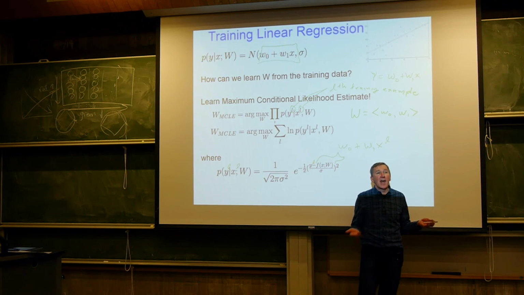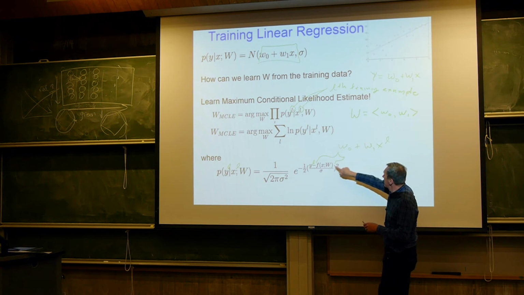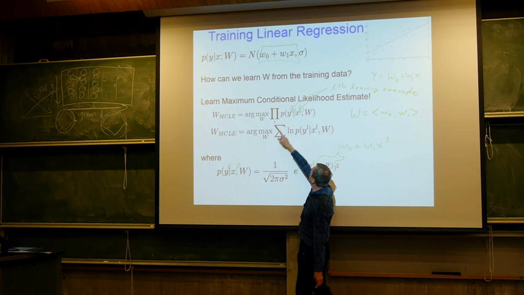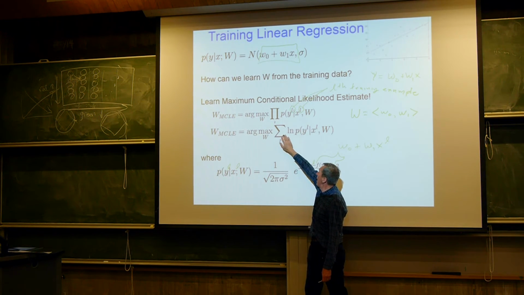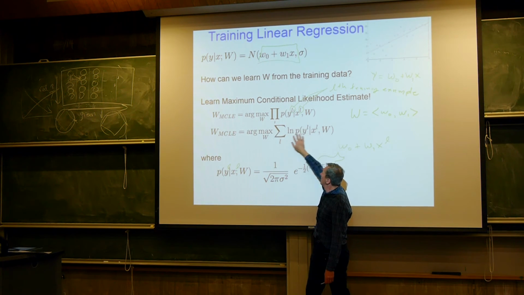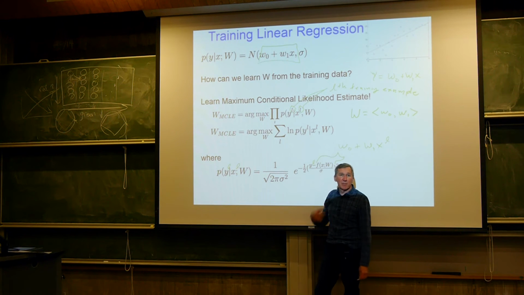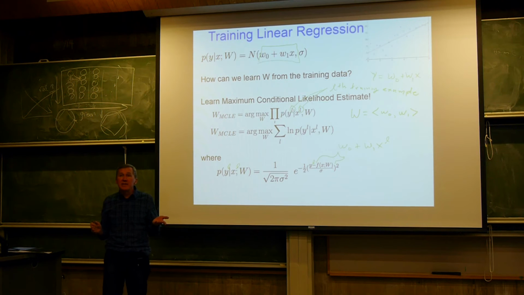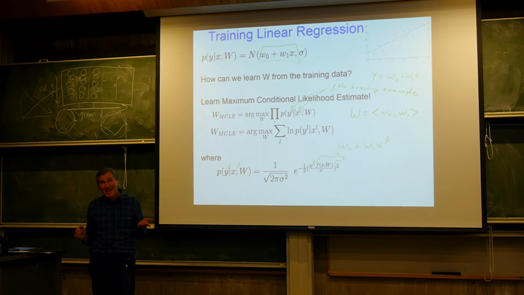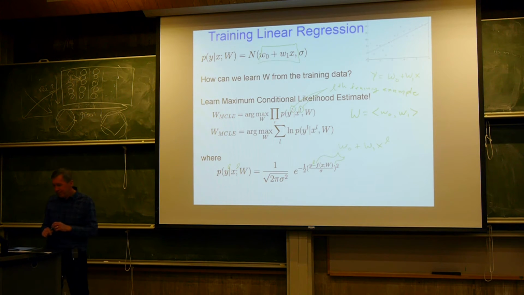But just as before, if we want to find the set of weights, w, which maximize this quantity, or which equivalently maximize the log of it, then we can just plug things in and solve for, for example, a gradient ascent rule to maximize that likelihood.